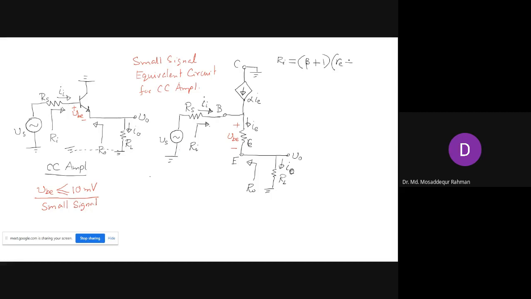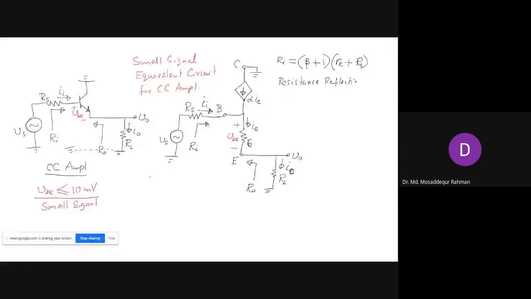So we have Re plus RL on the emitter side, times beta plus 1. That will be the input resistance, and that we call the resistance reflection rule that we introduced in the last class.